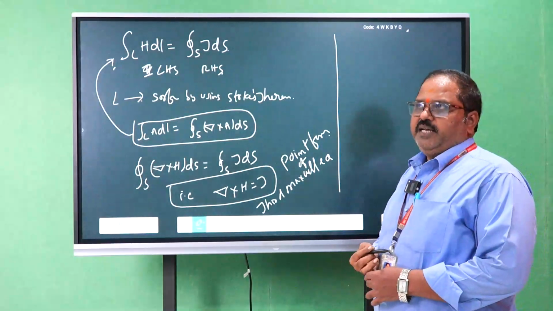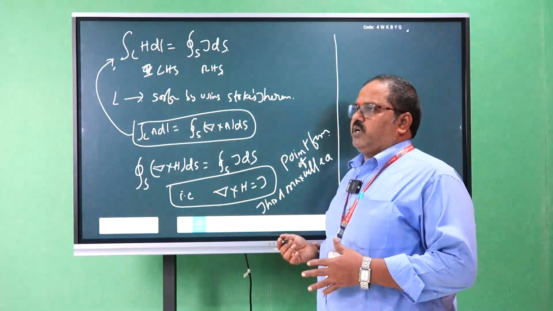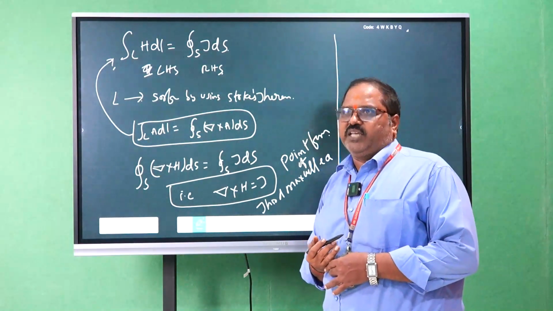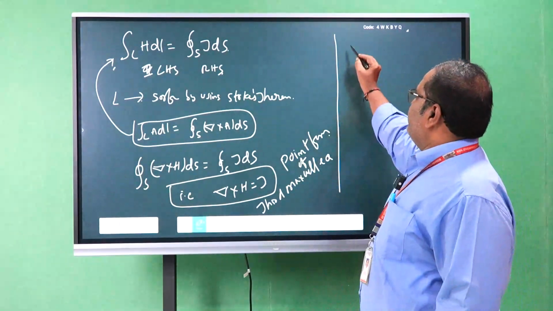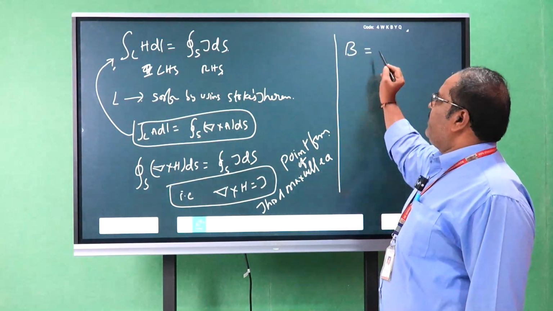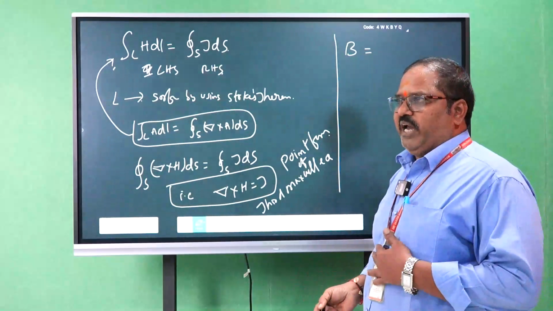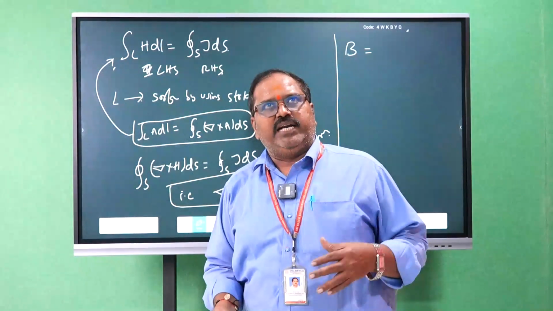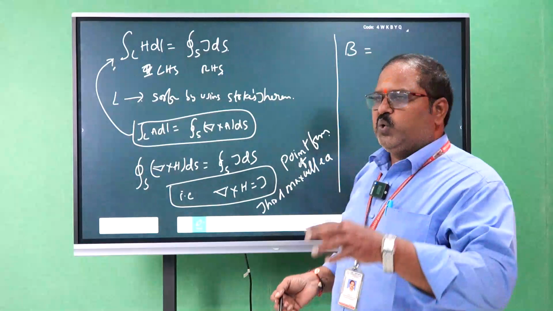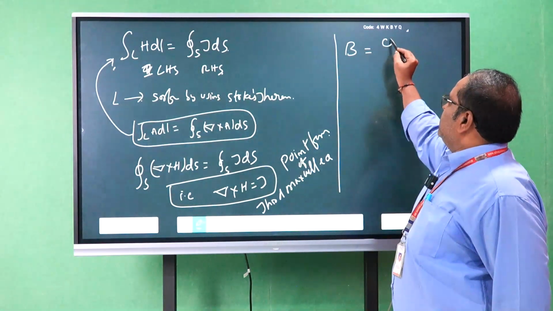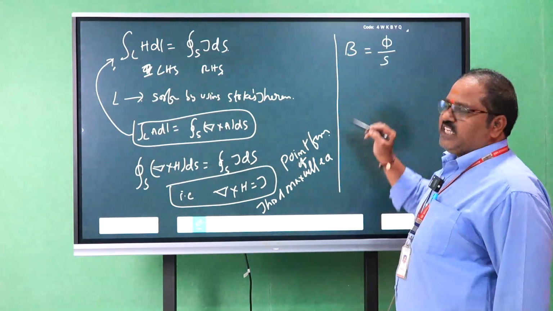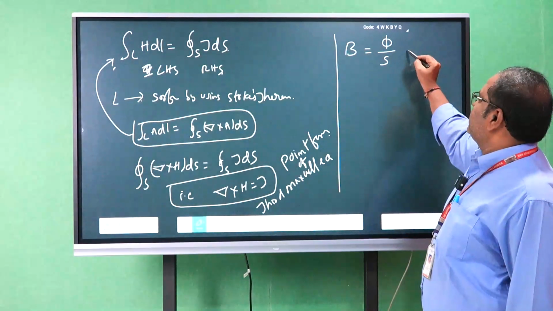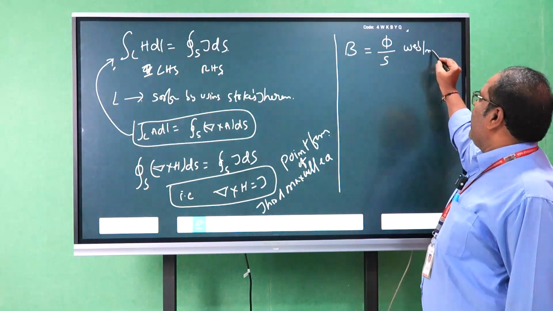Magnetostatic field. Before that, I have to derive the expression for the Maxwell fourth equation. Before that, you have to define the magnetic flux density B. The magnetic flux density B is equal to the flux per unit surface area. The unit is Weber per meter square.